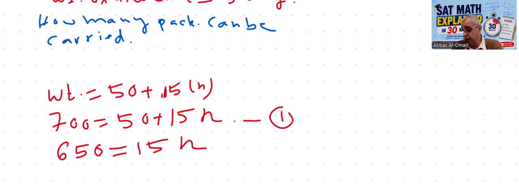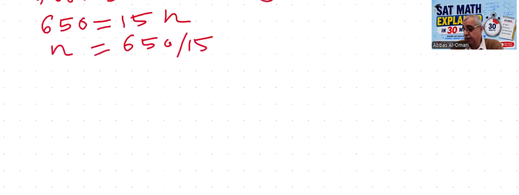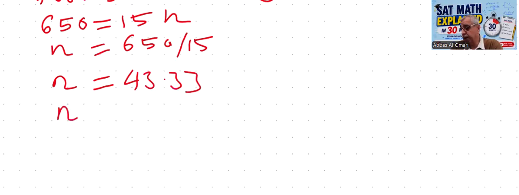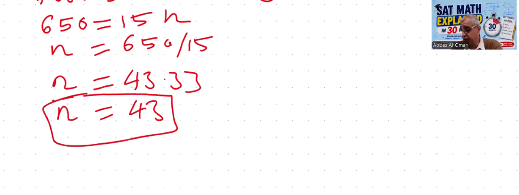Then n equals 650 over 15, which is 43.33. So n we round down to the nearest whole number, so 43 packages can be carried by the elevator without exceeding the 700 kilogram limit. This is the solution to this problem.